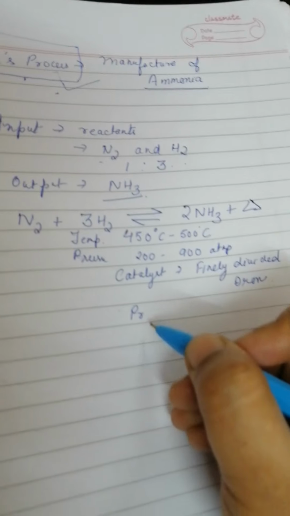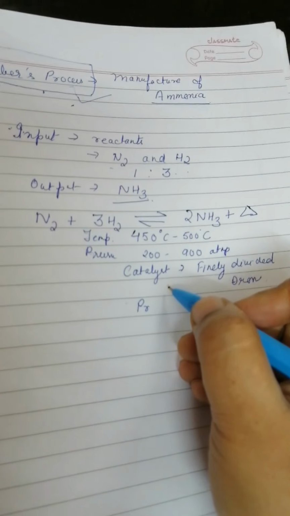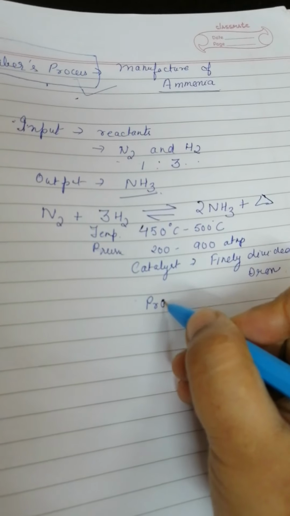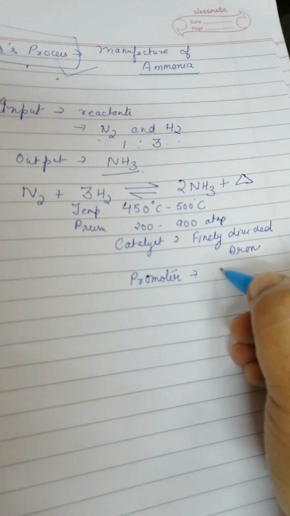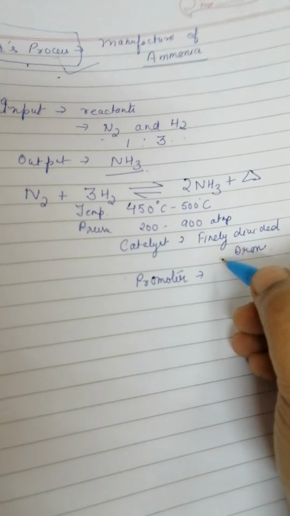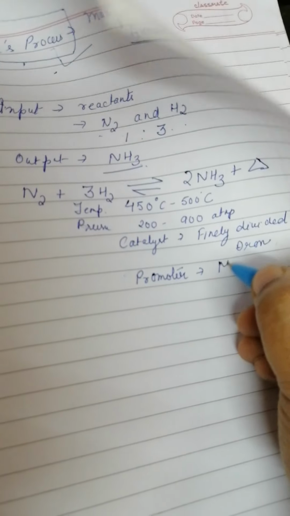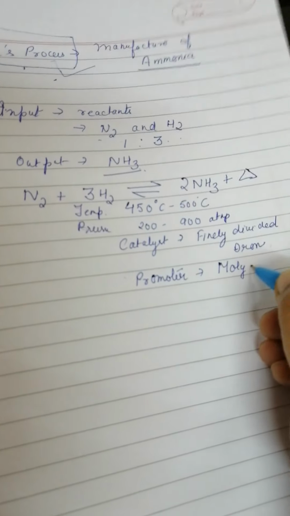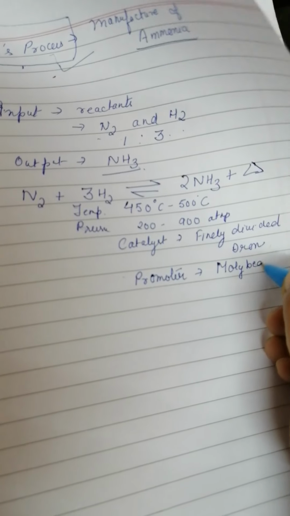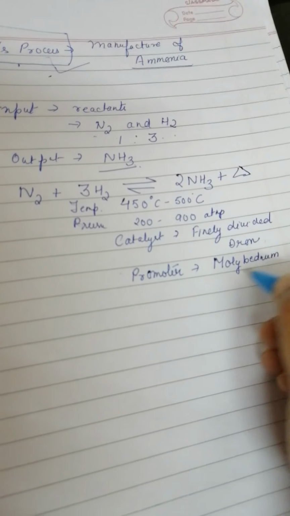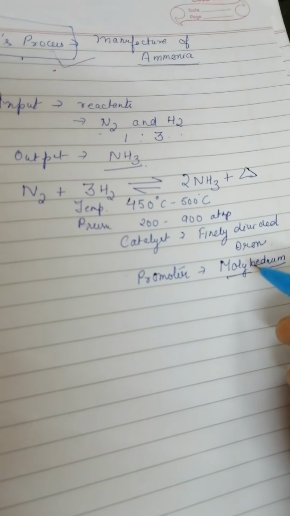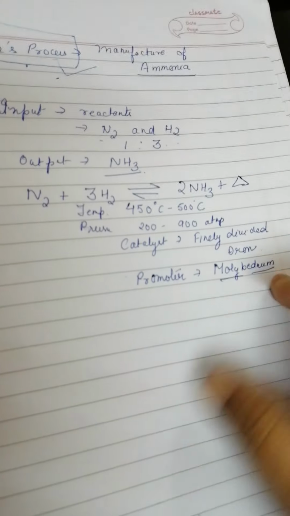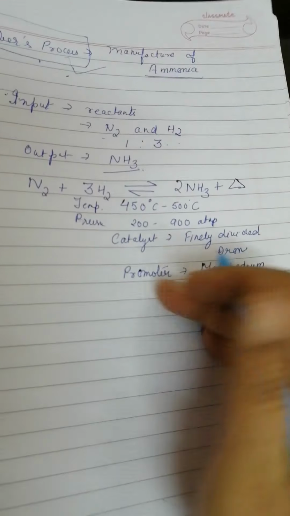A catalyst is something which alters the rate of the reaction. And what is a promoter? A promoter is something which enhances the efficiency of the catalyst, and molybdenum is used as a promoter here. So you can write the symbols also, but if the name is asked, then you need to write the name also. This is a very important thing.